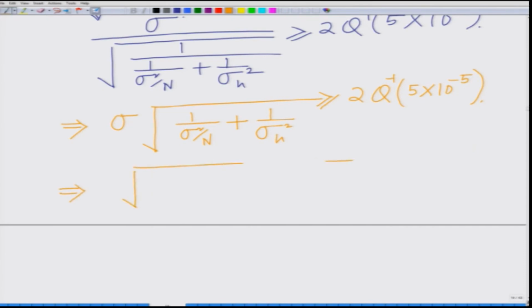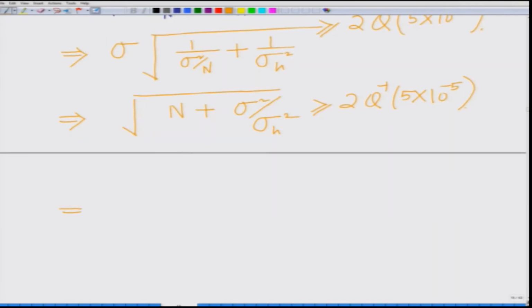This implies square root of, well, you take the sigma inside, what you have is sigma square divided by sigma square divided by n, that is n, plus sigma square divided by sigma h square must be greater than or equal to twice Q inverse of 5 into 10 power minus 5.